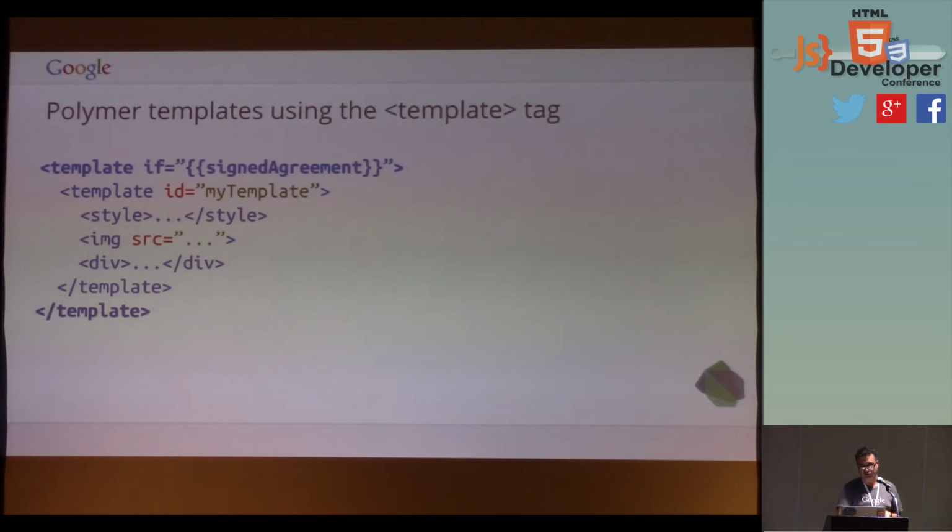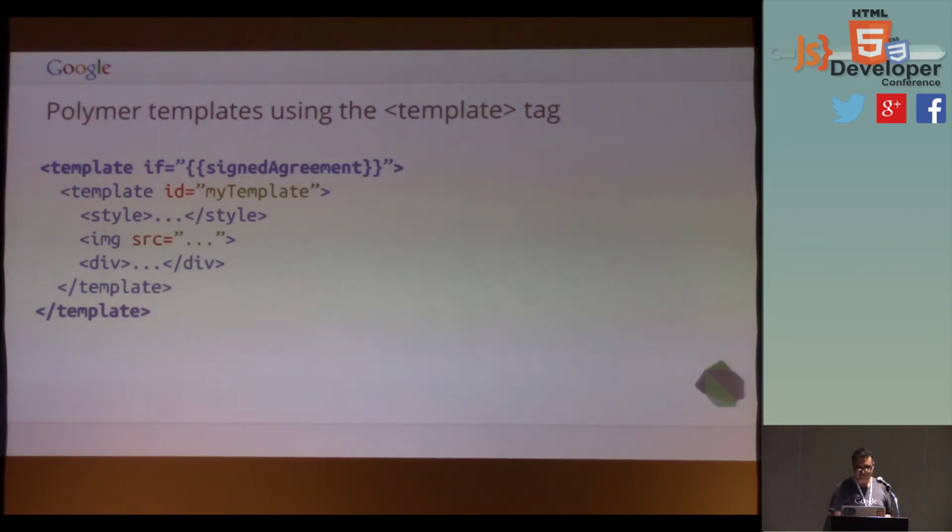So for instance, you could have a wrapper template with an if something equals something. In this case, it says, if signed agreement evaluates to true, make this template come alive. Otherwise, leave it inert, let it lie there, sleeping, with no cost to you. So a lot of great stuff can go in your markup, and you don't pay upfront for it.